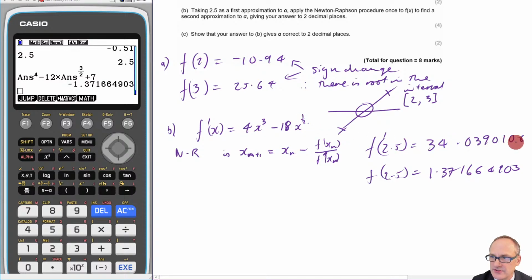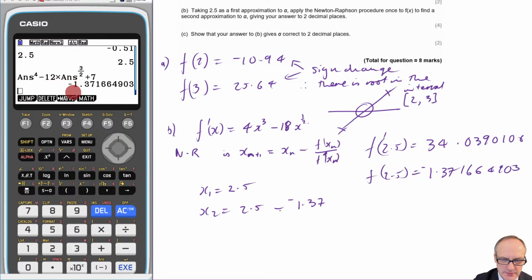So as x1 was equal to 2.5, x2 will be equal to the previous value, 2.5, minus the function of x. That gives me 1.37, and it was actually minus 1.37 there, sorry, look, there's the minus, over 34.039.